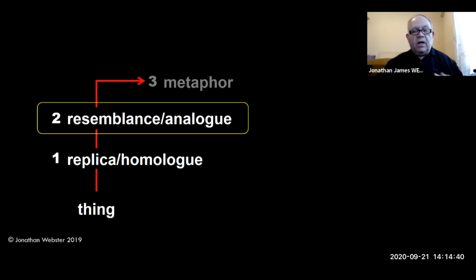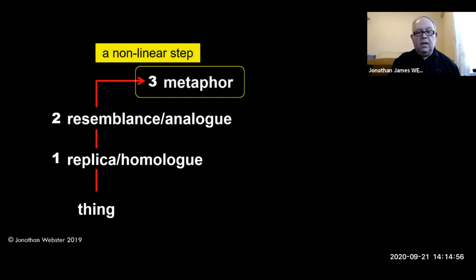What are we doing? We are pattern matching. That is the direction that we seem to be moving and developing, and moving from a direct copy of something to something that resembles it, to the metaphorical. And again, Mears is saying that metaphorical step, though, is the non-linear step.